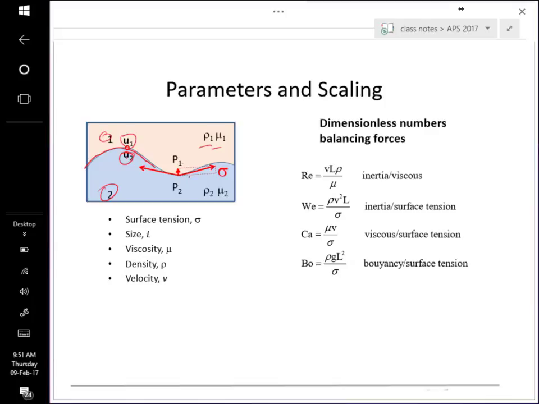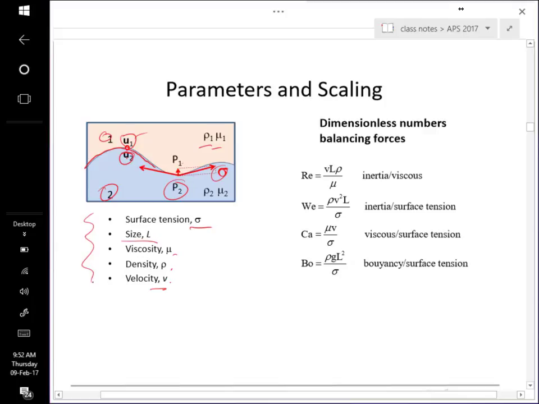So the net force created by the pressure and the surface tension has to balance out. Okay, so that'll be a requirement for our analysis. So the surface tension is going to be important, the size of the problem will be important, and we saw viscosity, the density, and the velocity. Here I called it u, and here it's v. So these are some of the important properties.